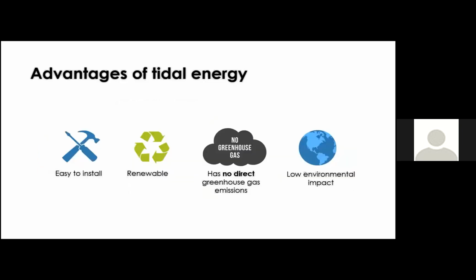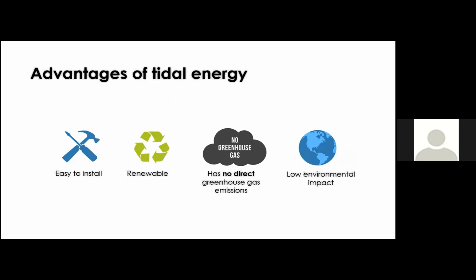The advantages of using this type of energy are, first, it is easy to install. It's of course renewable, has no direct greenhouse gas emissions, and it has a low environmental impact. And it's also a very predictable source compared to other renewable sources.